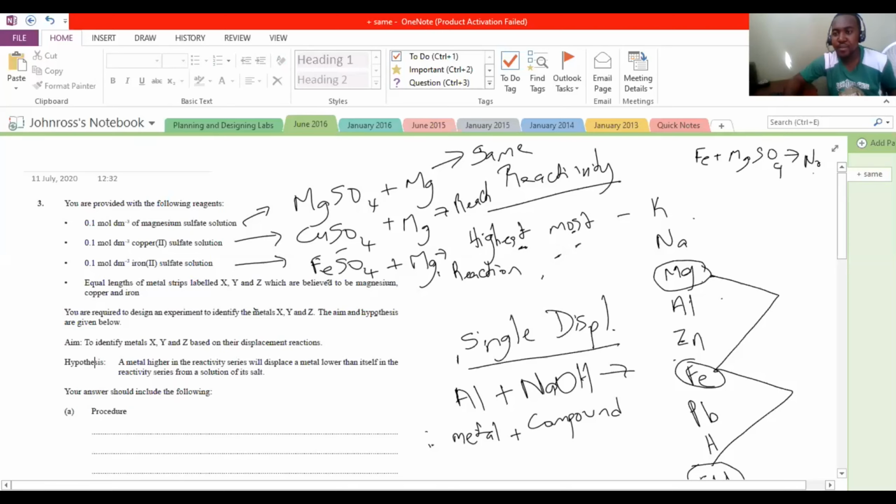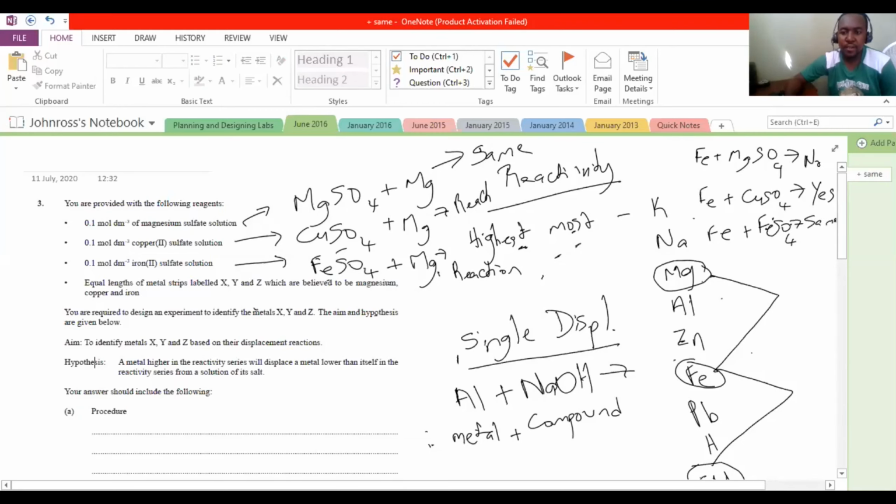Because the iron is below magnesium, so it would not be able to displace it. So no reaction. All right, let's look at iron and copper sulfate. Would we have a reaction here? Yes, we have a reaction. And then finally, it's iron and FeSO4. Same thing again, we have both irons present, so therefore we get the same thing.